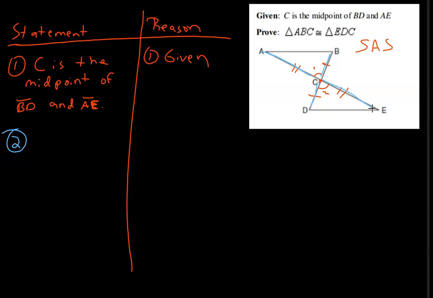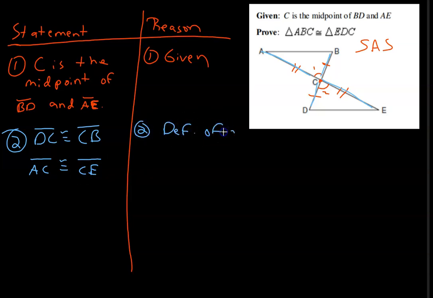So I can say that segment DC is congruent to segment CD, and for that matter, segment AC is congruent to segment CE. And that reason would be definition of a midpoint.